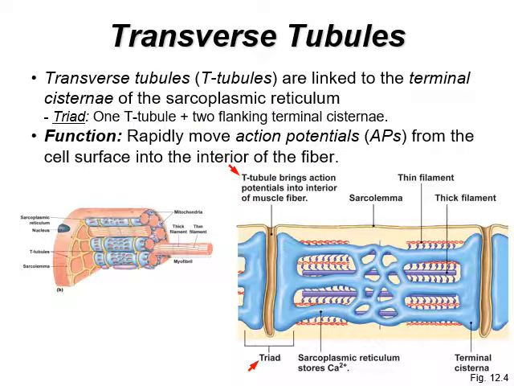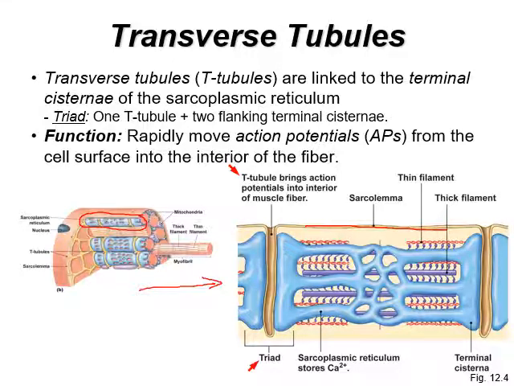So now looking from that previous slide, if we blew up a region there, it'll get us something looking like this. And one thing we want to note, here's the sarcolemma, so that's the plasma membrane of the muscle fiber.